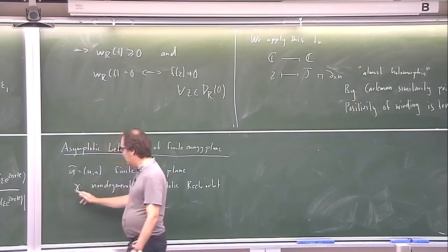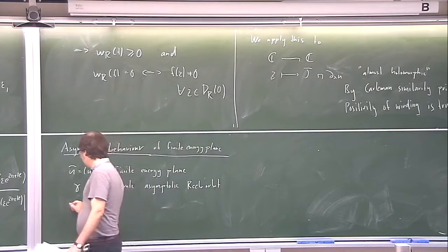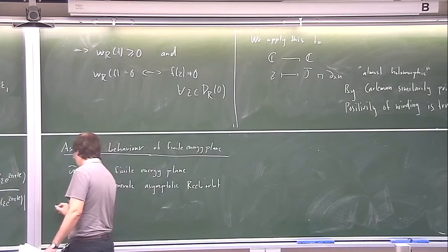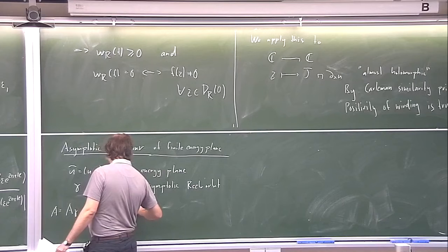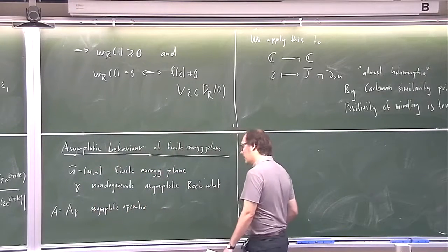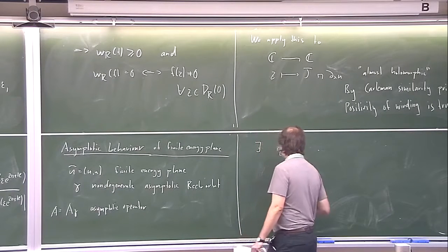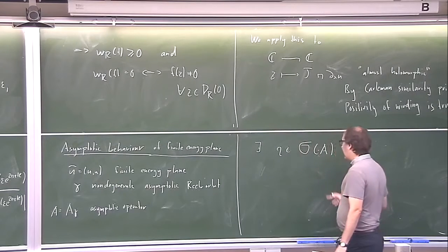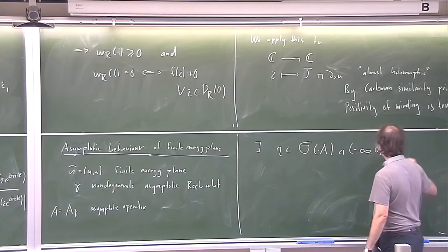So here we have the operator A_γ, this asymptotic operator, and then there exists η, an eigenvalue, which is negative. So we have a negative eigenvalue.